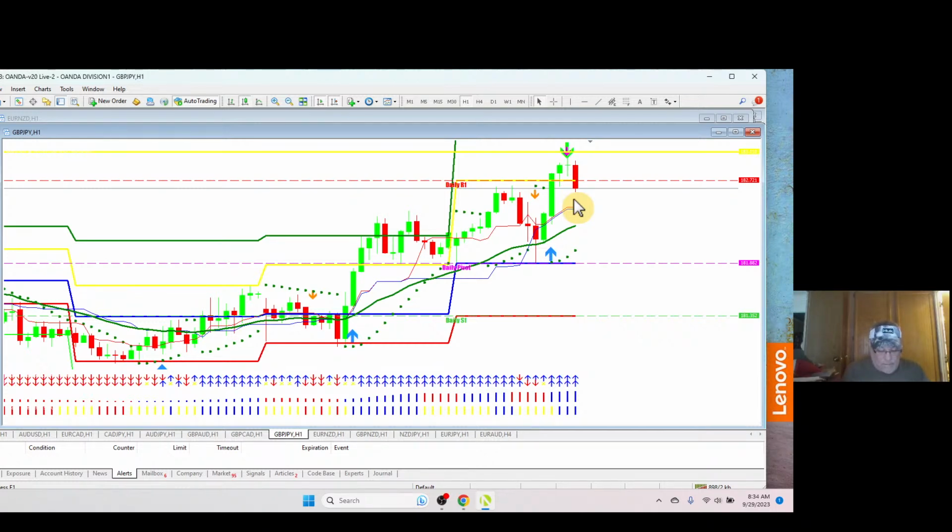Got to see where this goes, because I've got 22 pips on the pound yen short so far. So I got to keep an eye on it.